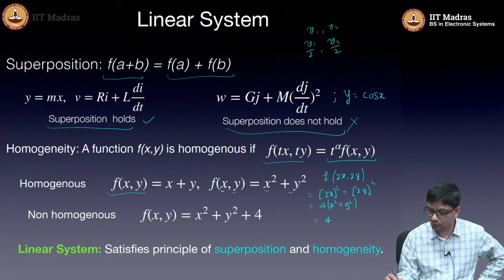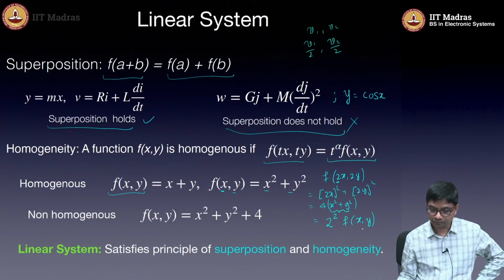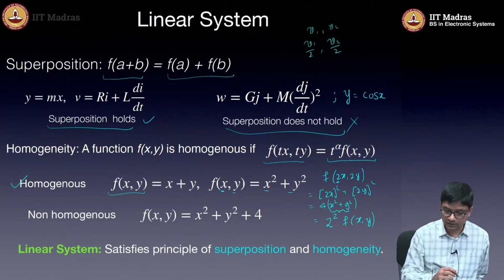This 4 is 2 square, the scaling factor squared. And x square plus y square is simply f of (x, y). Okay, so this is a homogeneous function.